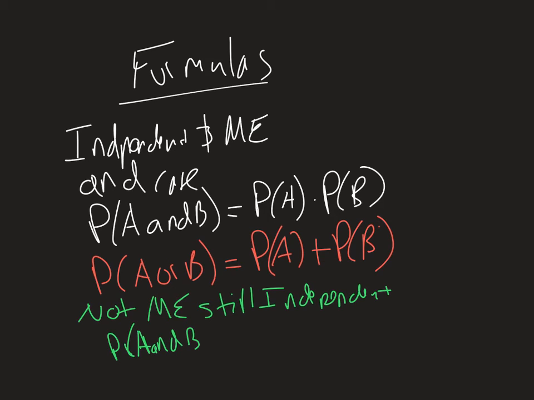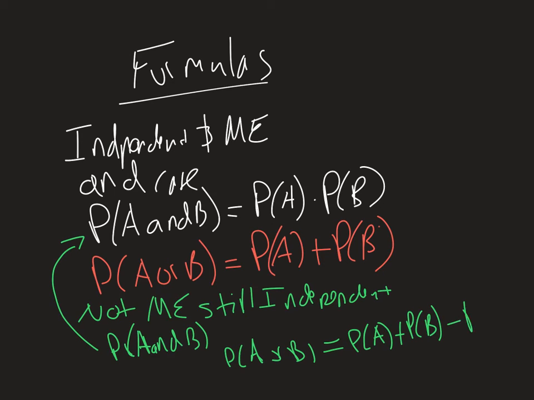So probability of A and B happening, we still calculate the same way. We do it individually and then multiply them. Okay. Now the kicker comes if we're looking at probability of A or B. Very close to our red equation. We're going to have the probability of A plus the probability of B, and we're going to minus off that overlap.